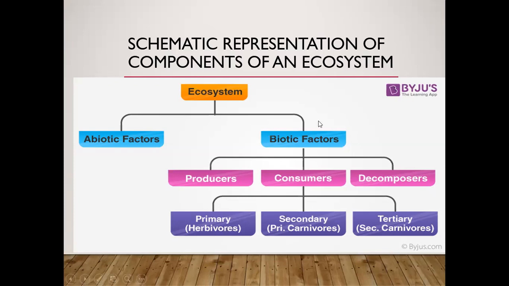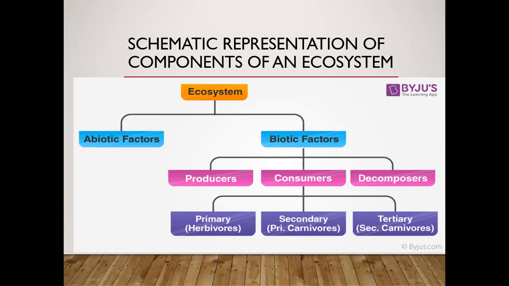Now, also in an ecosystem, we have biotic factors, which are divided into three groups. All living things in your environment can be divided into three. We have producers, we have consumers, we have decomposers.